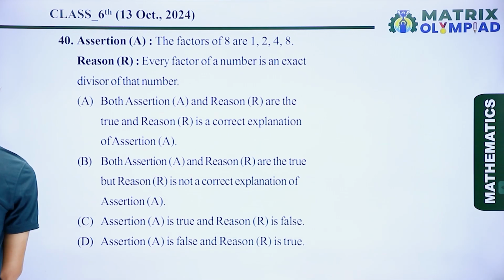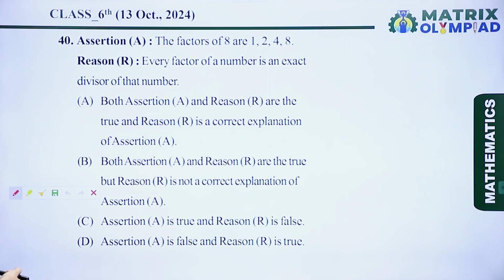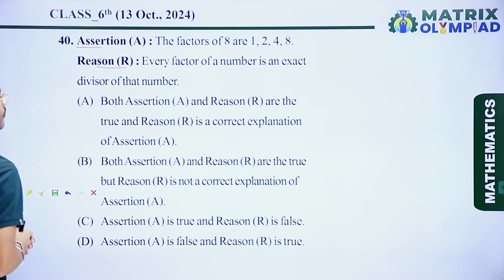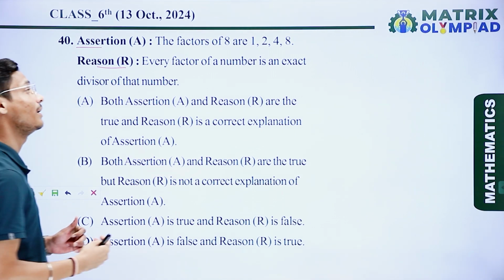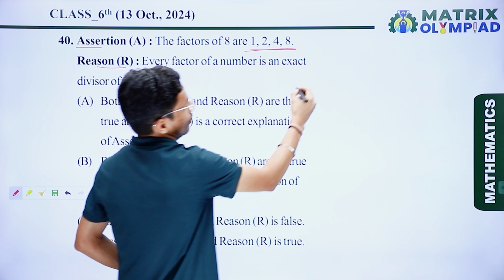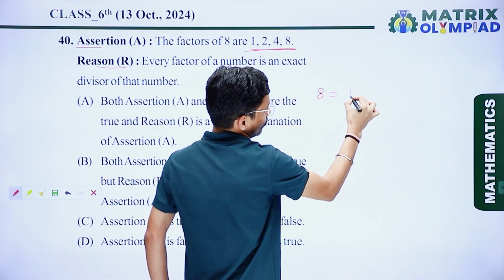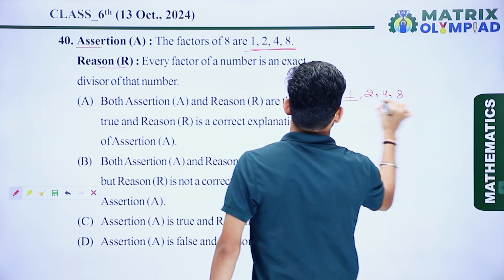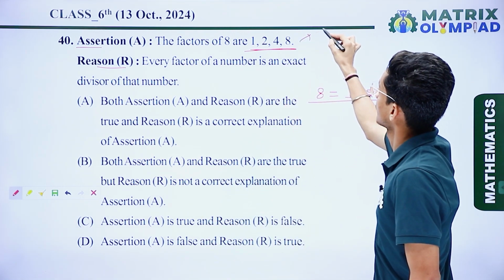So now if I talk about the next question, which is again based on assertion and reason. So here we have given assertion, that is the factors of 8 are 1, 2, 4, 8. So I can say that assertion is true.